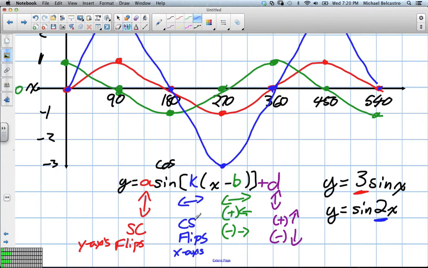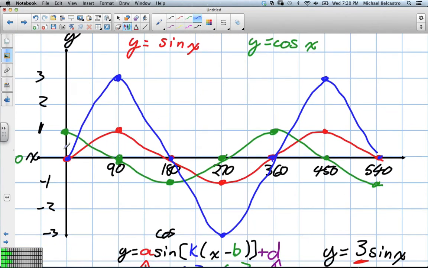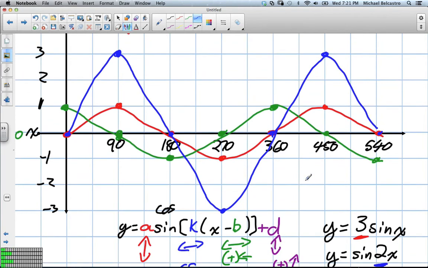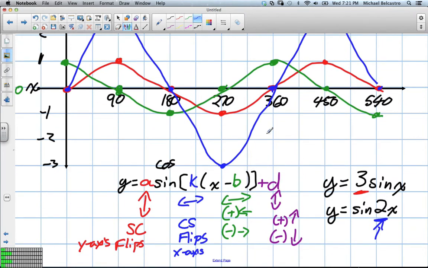Now, remember, K is counterintuitive, okay? What it does is we take all of our x values and divide by our K. So with A you multiply by the value, whether it's greater or less than 1, right? With K you divide your x points by your K value.